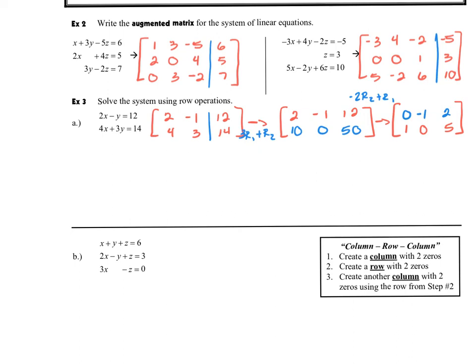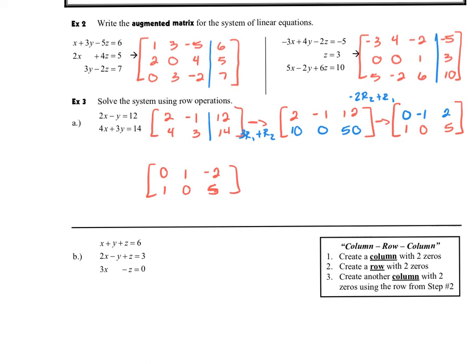And then that would mean that we can take that new row there, and we can divide that by a negative 1, or again, you could just mark it out. I'd be okay with that. 1, negative 2. And then we'll have our 1, 0, and our 5. So technically speaking, we should flip-flop these two rows so that this 1 is in that first spot, but I personally don't care.